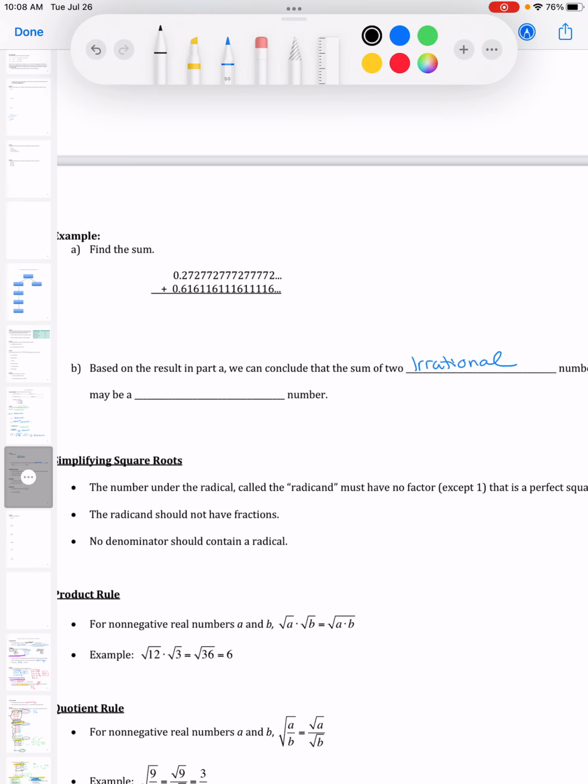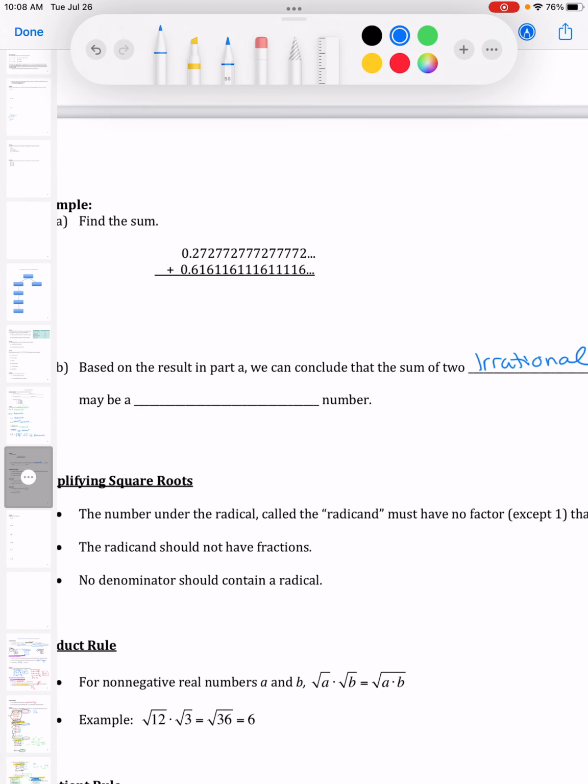Now these, I chose really specific numbers here. And if we add these up, we can add the columns up. 2 plus 6 is 8, but 7 plus 1 is also 8. In fact, every column that I add, every single time I get 8. They're all just 8. This is something that can be repeated. That is 0.8 repeating. We can also think about it as a fraction. It's 8/9.